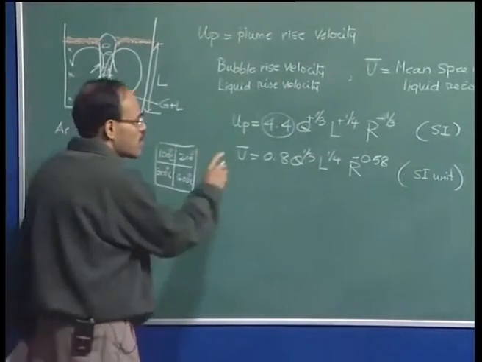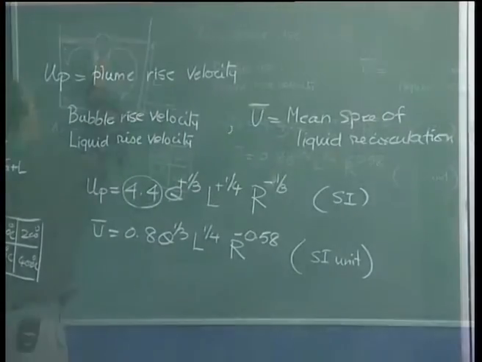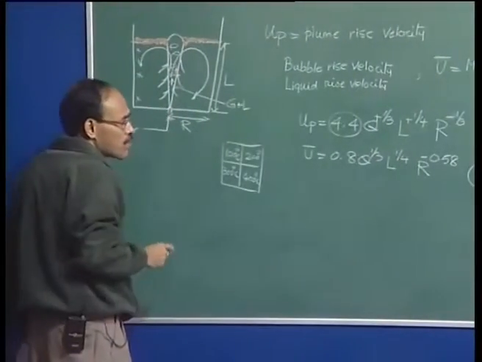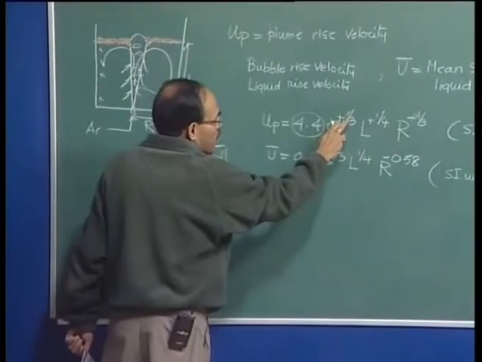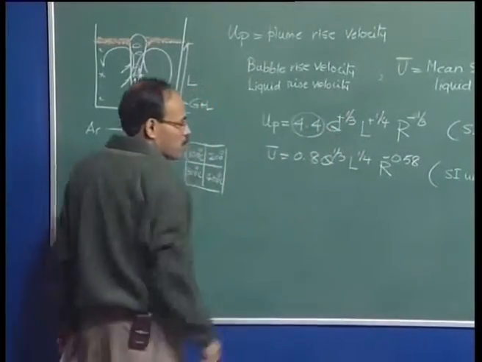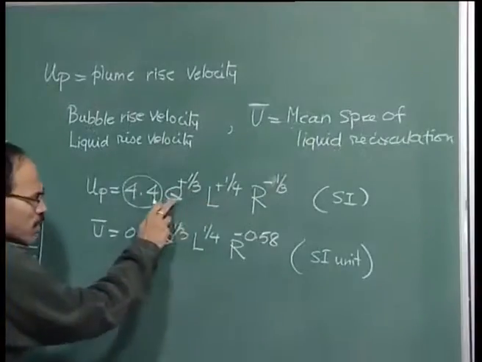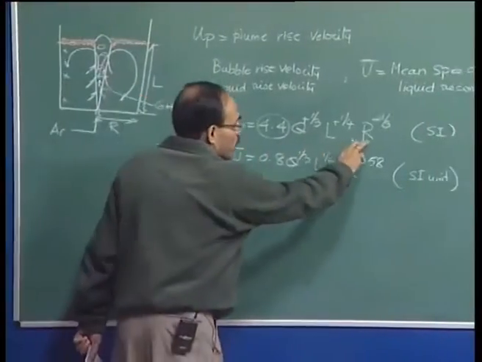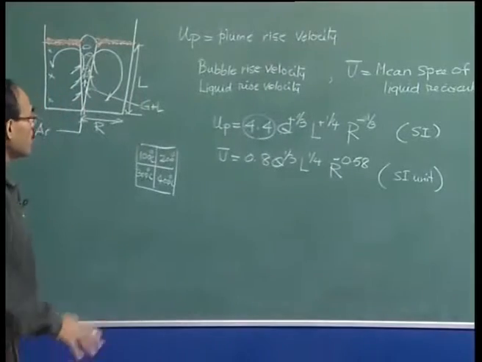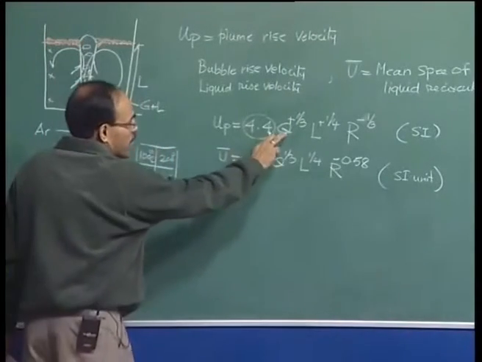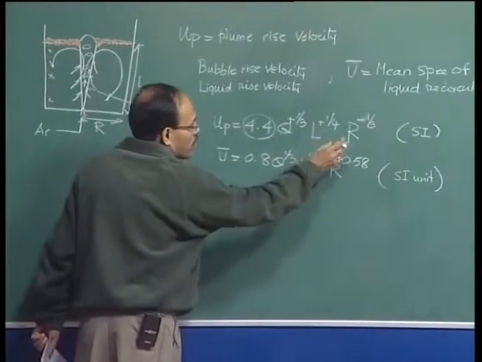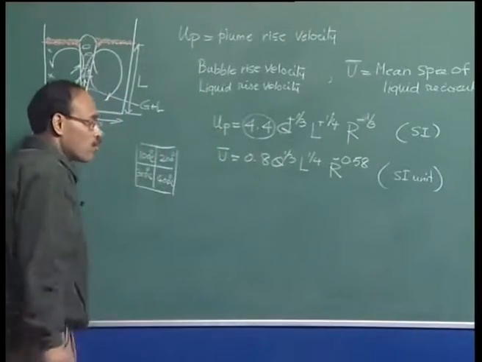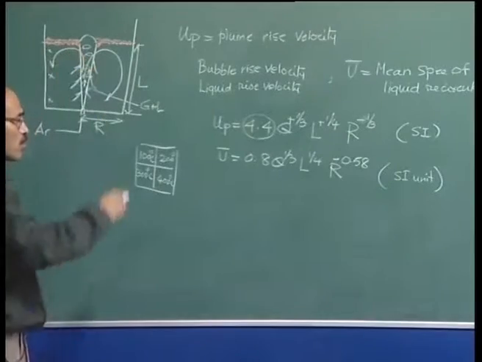As the formula suggests, the plume rise velocity, or the average rise velocity of the bubble and liquid mixture, will increase as the one-third power of the gas flow rate. It will increase also relatively weakly with depth of liquid, but it is going to decrease with the vessel radius. So for a given flow rate and given liquid depth, the larger the diameter of the vessel, the less is going to be the convection current or the plume rise velocity in the system.